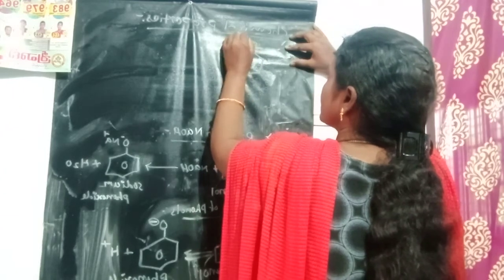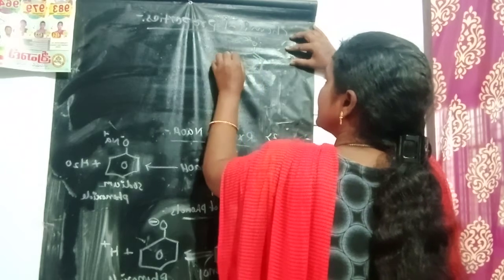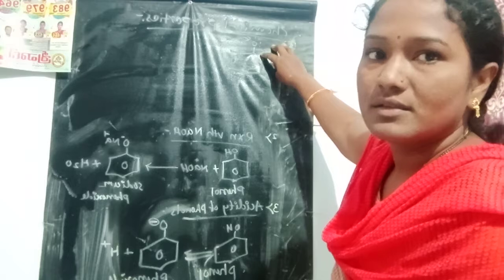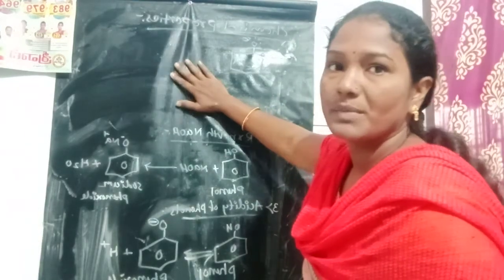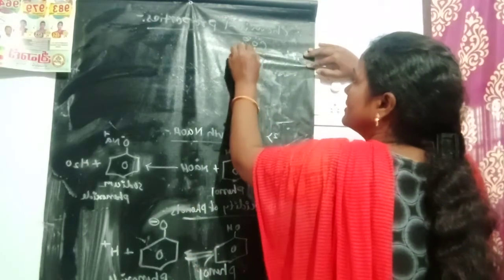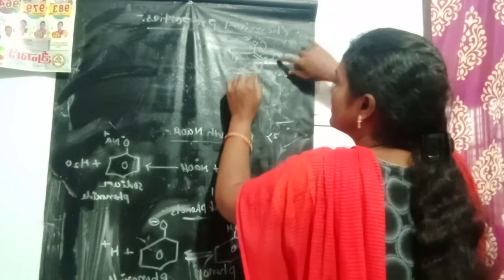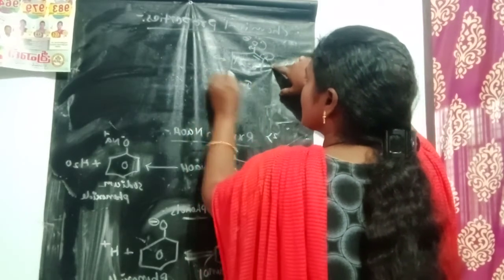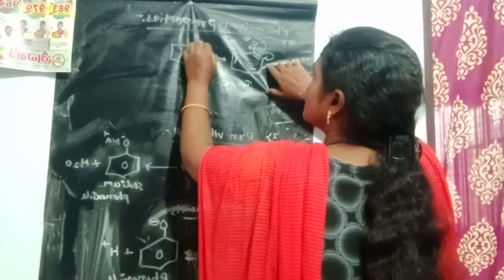In the phenoxide ion, O minus has a negative charge and lone pair of electrons. The lone pair of electrons on oxygen shifts to the oxygen to carbon bond, and the double bond shifts to the next corner. This is the first position, with the negative charge.